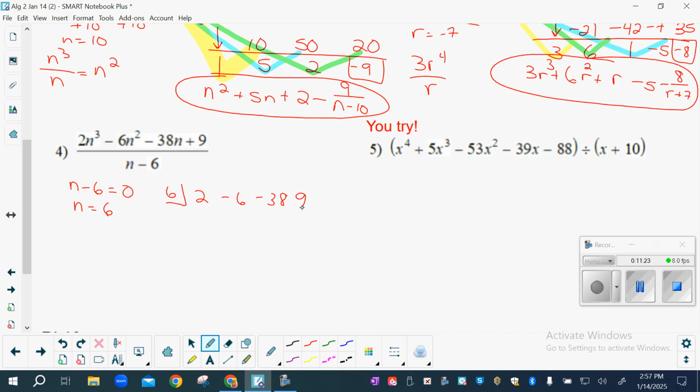I finished. 2 is the remainder. So what do you do after you get the remainder? Then you pull the other one. Alright, so you get 2 over. This is so easy.